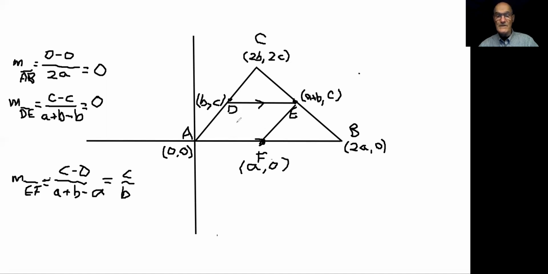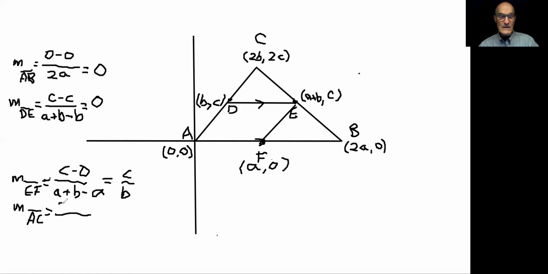Now, so I come over here. This line is supposed to be parallel to AC. So I find the slope now of AC. So I've got M of AC. Okay, and then once again I do Y2. So I would let Y2 be 2C.